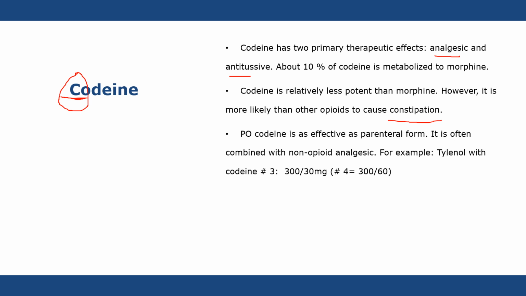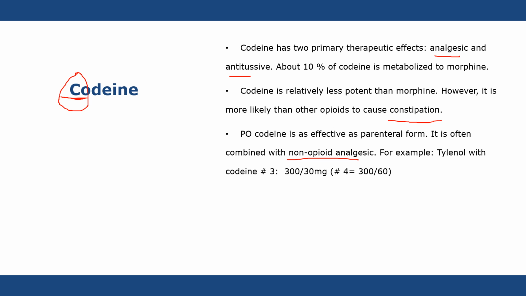Okay, PO codeine is as effective as the IM or IV parenteral form. It is often combined with a non-opioid analgesic. Remember, I just gave you the example of acetaminophen and tramadol, and we do that a lot, by the way, with pain medication. Same thing with codeine.